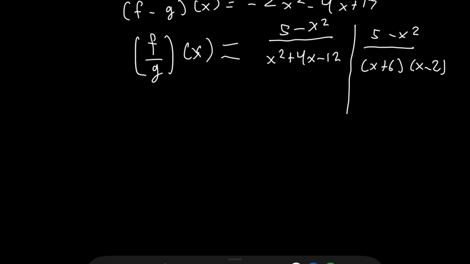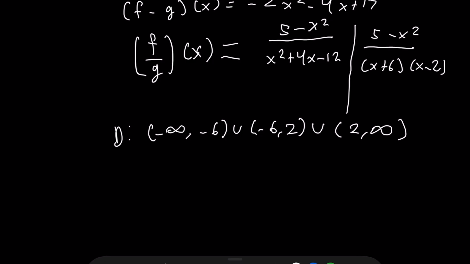Well, the domain is every single x value that I can plug into this thing. I can plug in everything except for 2 and negative 6, because if I plug in 2 or negative 6, that makes the bottom 0, and we can't divide by 0. So our domain is going to be, that's how we can write domain.